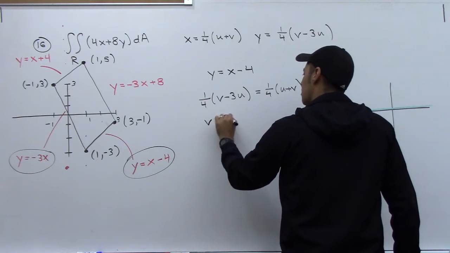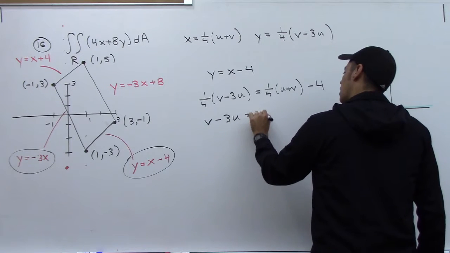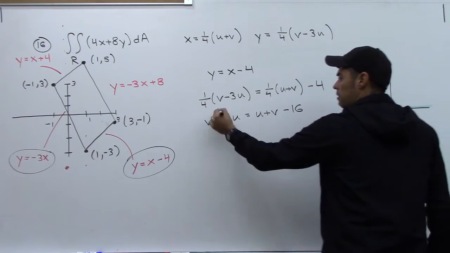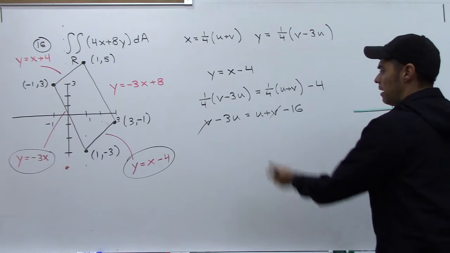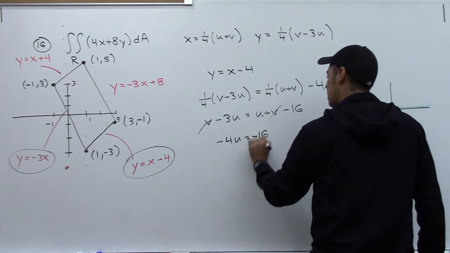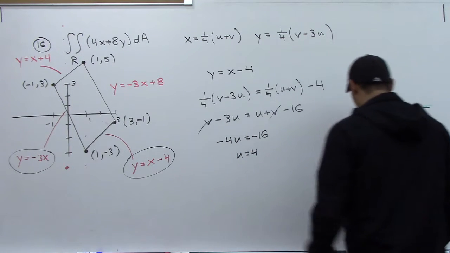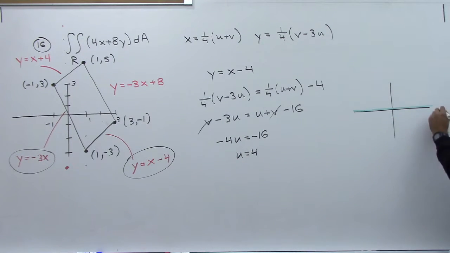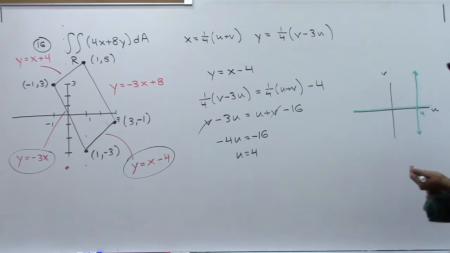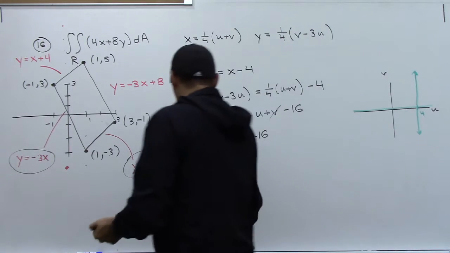So v minus 3u equals u plus v minus 16, and then the v's will cancel. I can move the u over there. I get negative 4u equals negative 16, so u is 4. And if I graph that over here, remember this is the uv plane. U is 4. It's like this. And I keep this thing going.